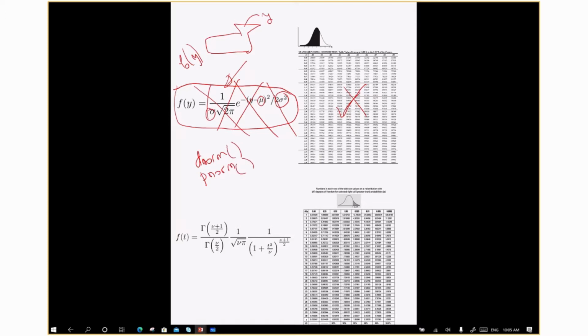So here's what Gossett did. He came up with a situation and said, okay, if we're not going to know what this value of the variance is, if we're going to estimate it with some value of s, we can come up with a different function, a different meat grinder.